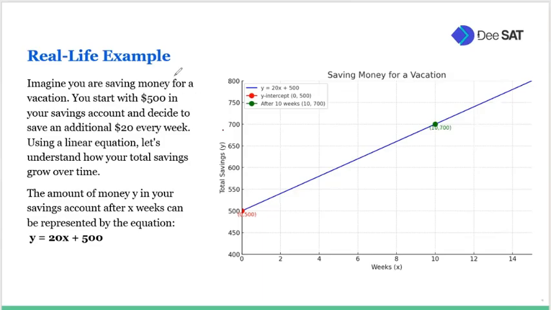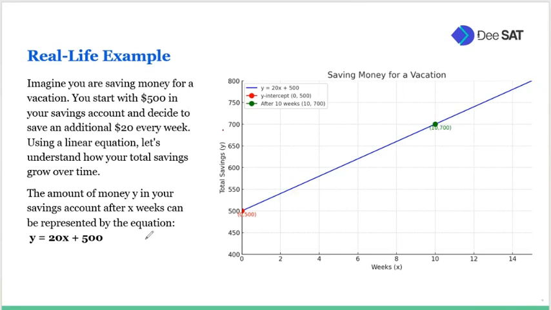You start with $500 in your saving account and decide to save an additional $20 every week. Using a linear equation, let's understand how your total saving grew over time. The amount of money Y in your saving account after X weeks can be represented by the equation Y is equivalent to 20X plus 500.